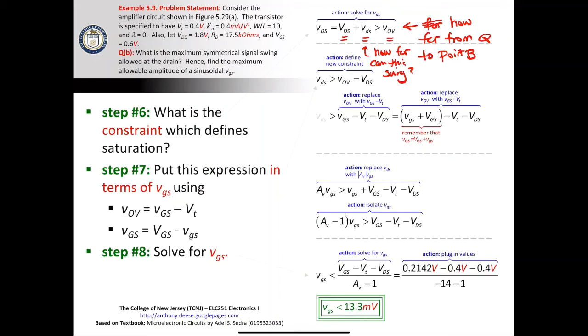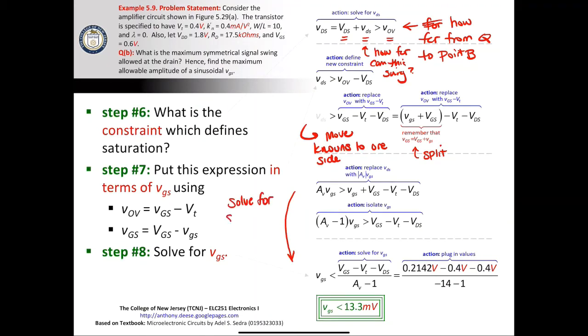So we know the overdrive voltage, we know VDS. Then we'll split VOV into VGS minus VT. Then we'll split the total value of VGS into the large signal and the small signal components. And ultimately, what we want to do is solve for small VGS.